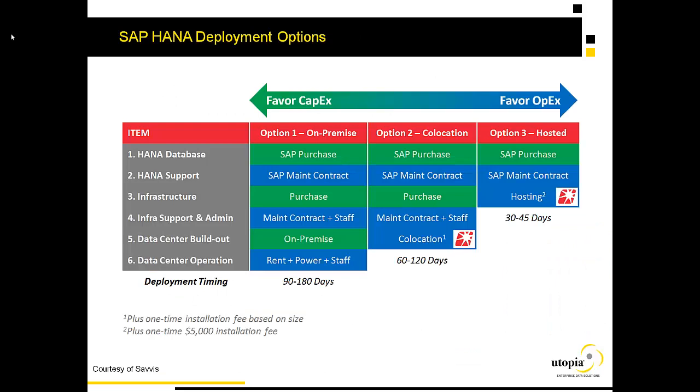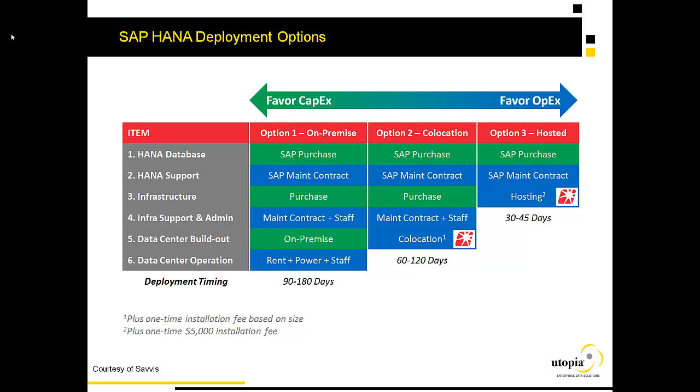So what we want to do here is explore a little bit further those three options. Option 1 on-premise, option 2 co-location, and option 3 hosted. And as you can see, it goes across a spectrum from left to right, where you favor the CapEx on the left and you favor OpEx on the right.